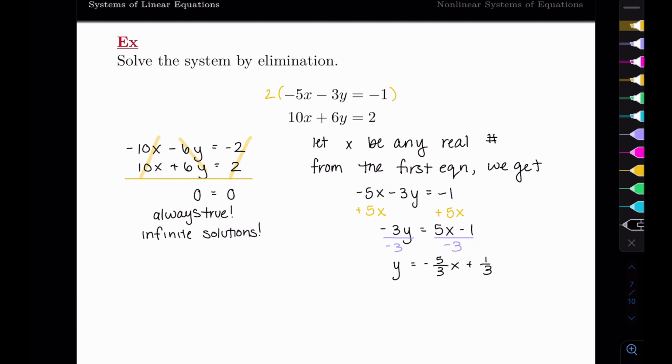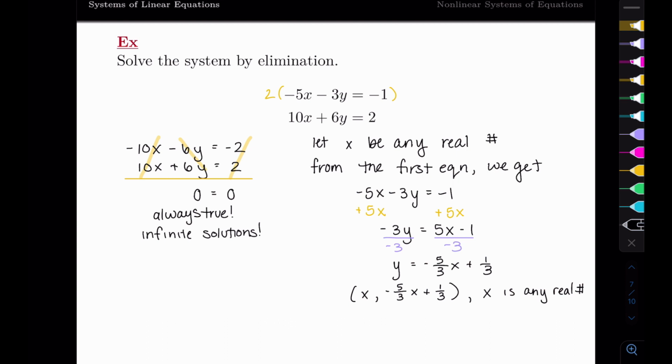So once I pick an x value, my y value must be this to be a point on the line. The way we express our infinite number of solutions is that x can be whatever it wants, but the y value must adhere to this equation. It must equal negative 5/3 times the x coordinate plus 1/3, where x is any real number.